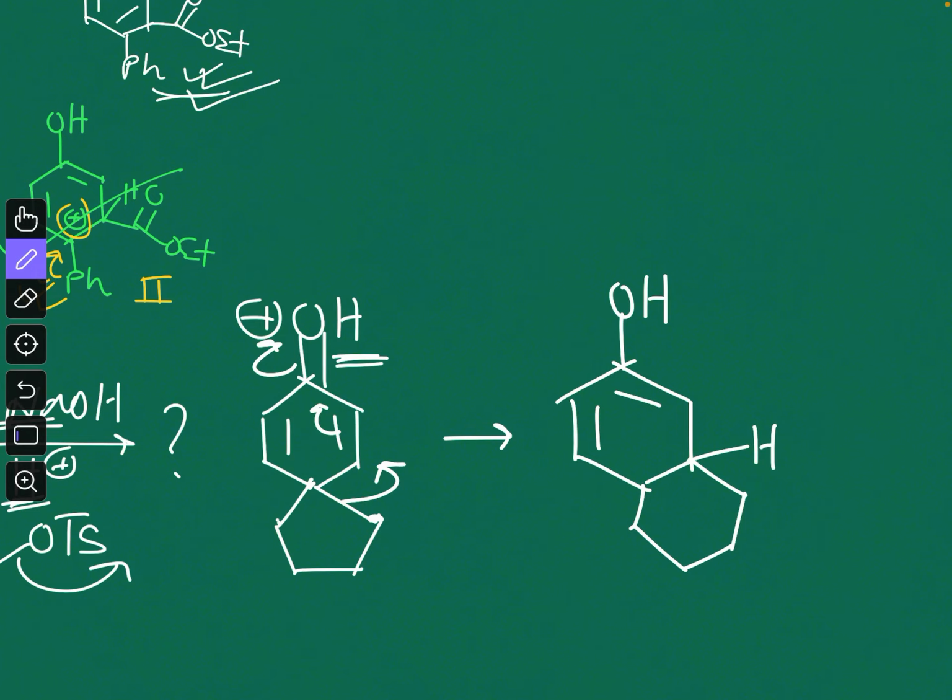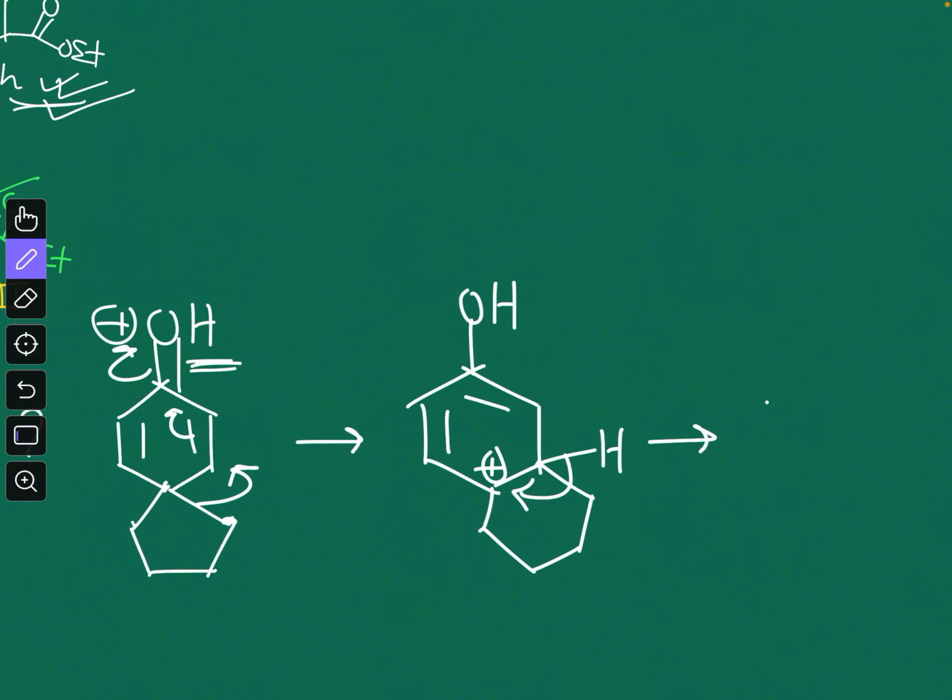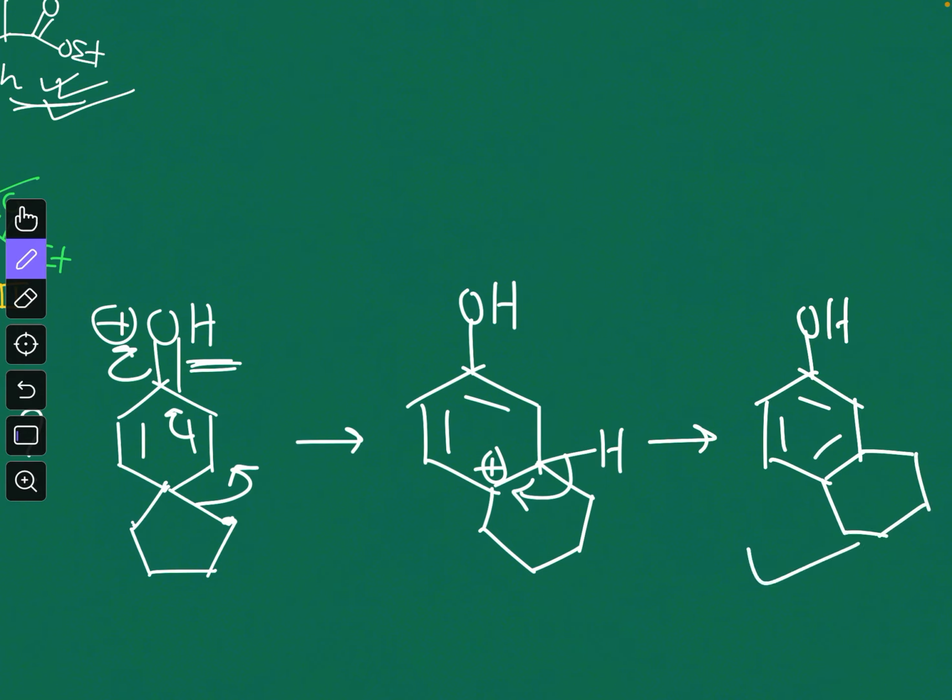Here you have this proton, here you have the positive charge. Now this hydrogen leaves and you will get this as your product. So this is the product of dienone phenol rearrangement.